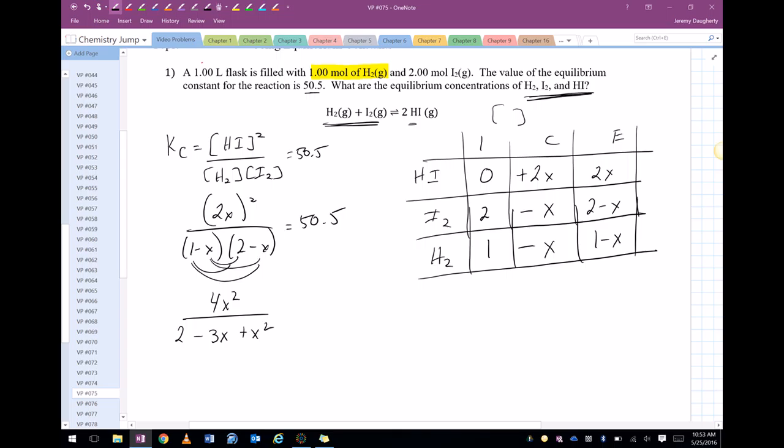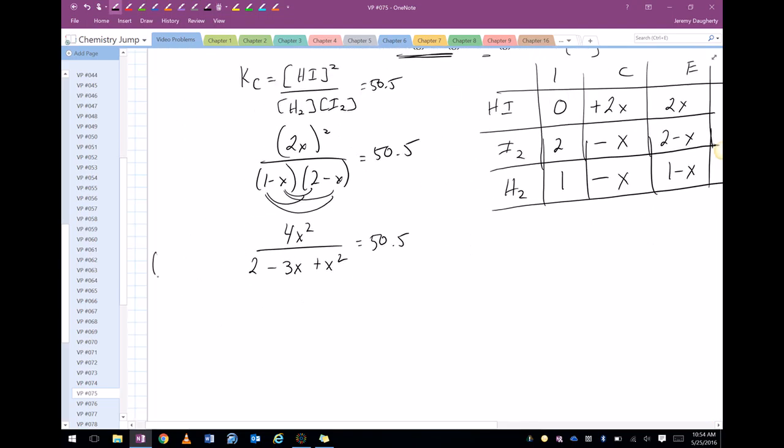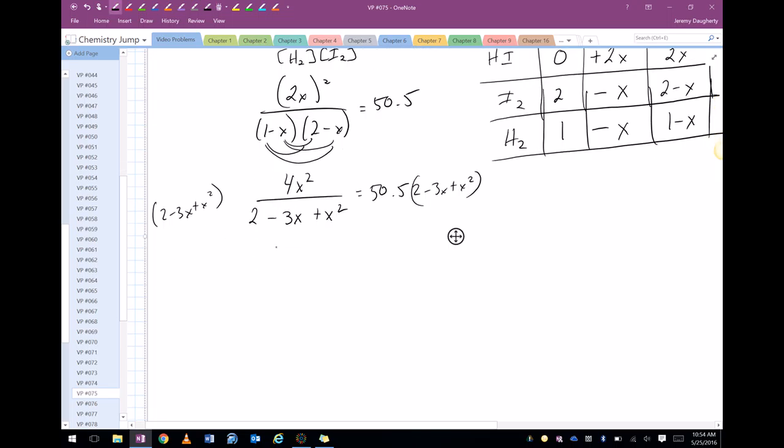Okay, and again I just FOILed it. Now that whole thing is equal to 50.5. I'm going to multiply both sides by 2 minus 3x plus x squared. So I end up with something that looks like this.